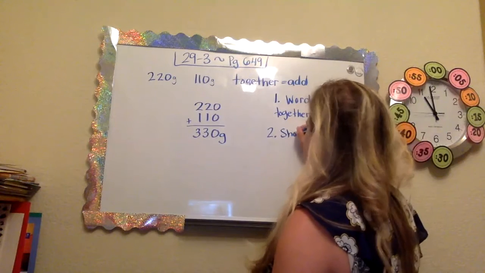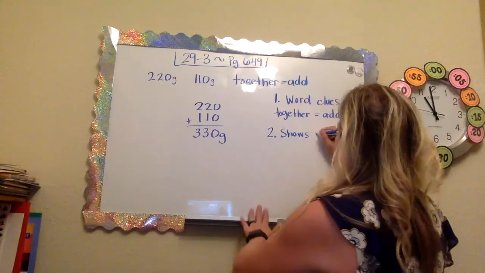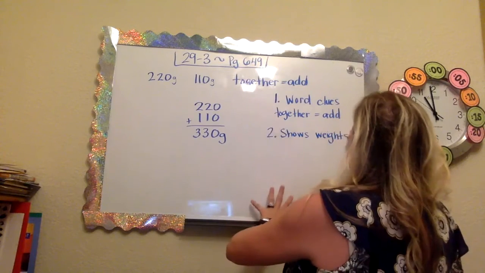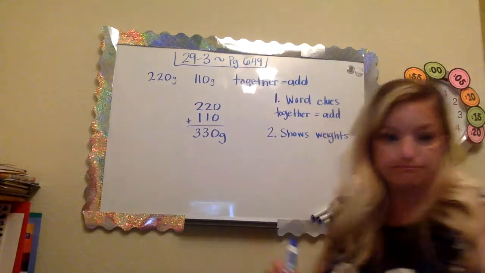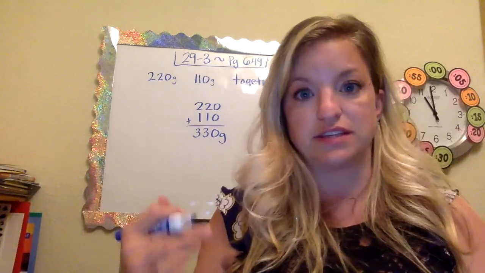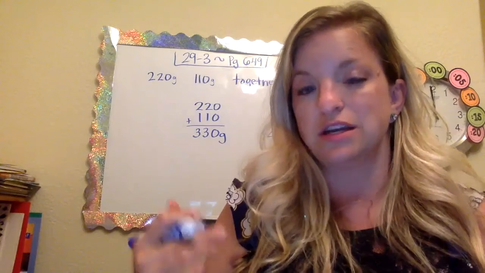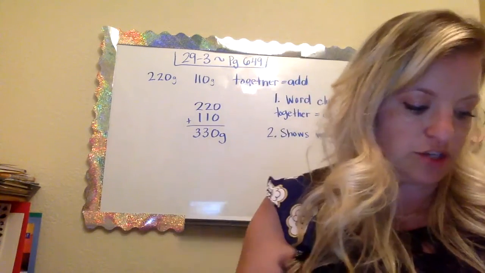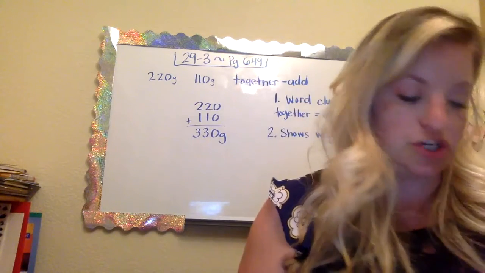And I'm not writing in complete sentences, just for space and time. But I challenge you to write down these answers in complete sentences and in more detail than Ms. Lamb is. Number 3, write an equation for the problem. What is the mass of the orange and apple together?